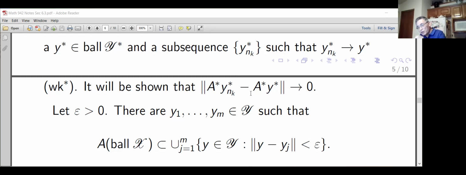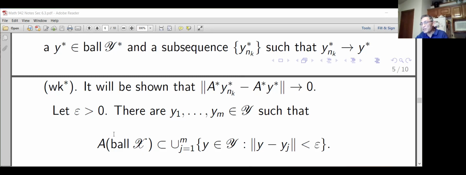But since we have infinitely many vectors in the ball, in general we cannot get that this functional goes to 0 uniformly.